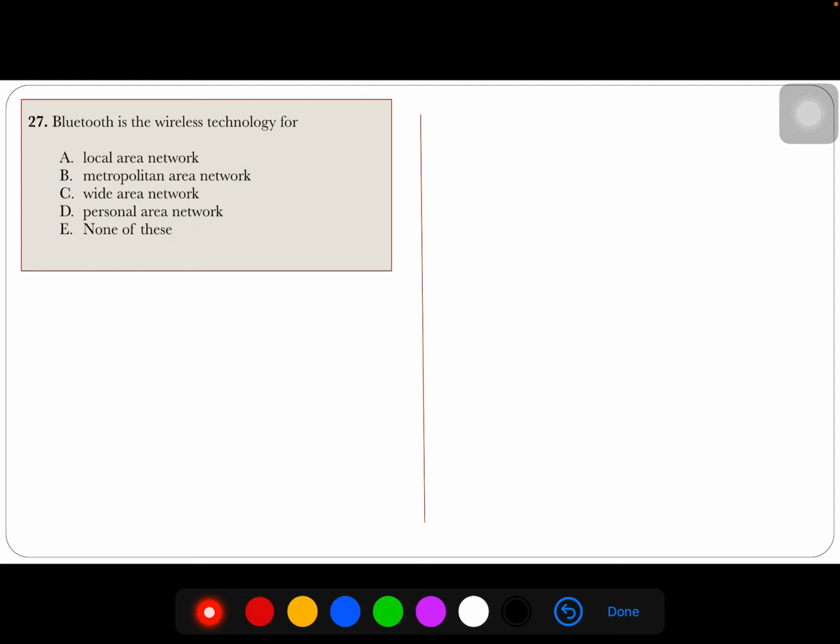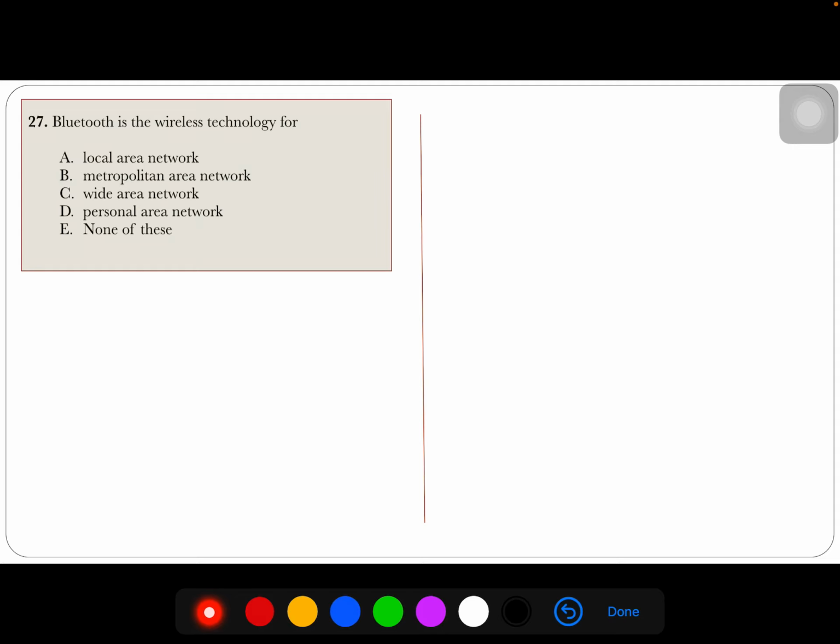If it would have been a Wi-Fi question, then yes, the range of Wi-Fi would have been a little bit longer. You can use Wi-Fi within the building also. So Wi-Fi is basically a local area network because the range is quite high, and Bluetooth is meant for personal area network.